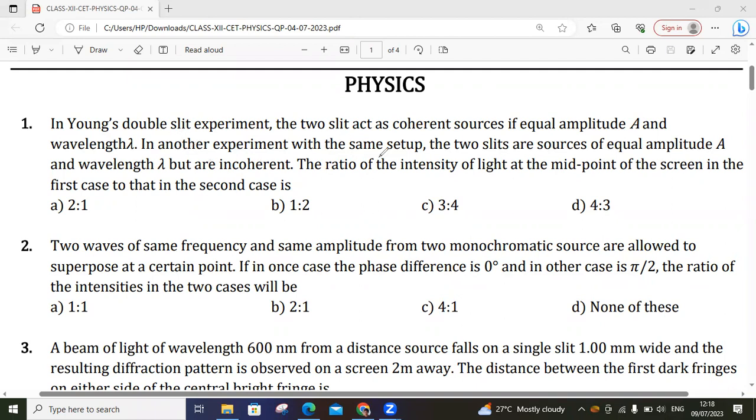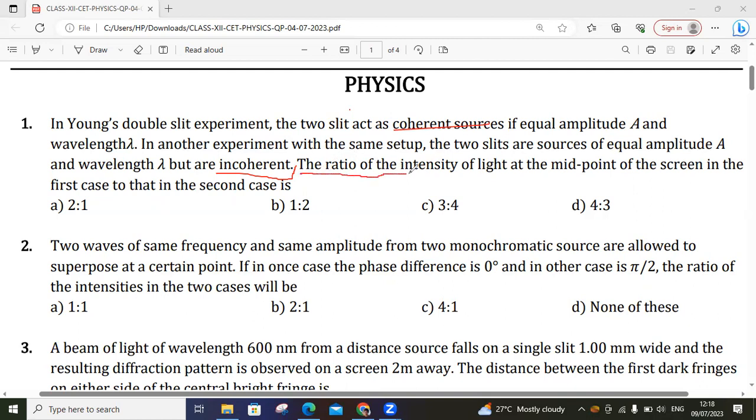In another experiment with the same setup, the two slits are sources of equal amplitude A and lambda but are incoherent. So in one case, coherent sources are used, and in another case, the only difference is incoherent sources. Everything else is the same setup.